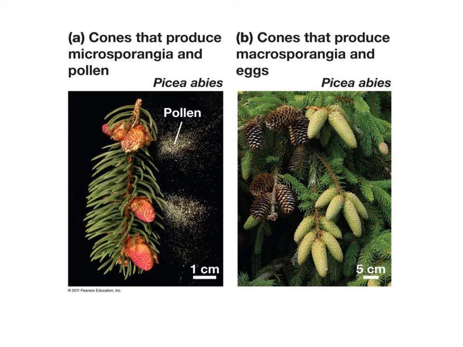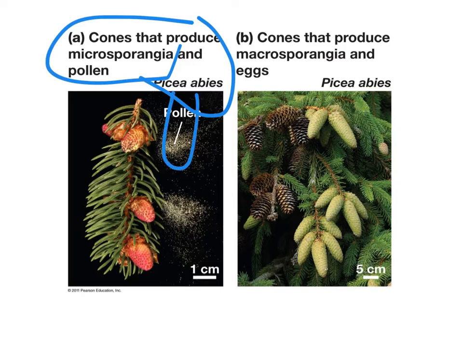So cones that produce microsporangia, that means they're males, produce pollen. Okay? And these are the pollen-producing structures.